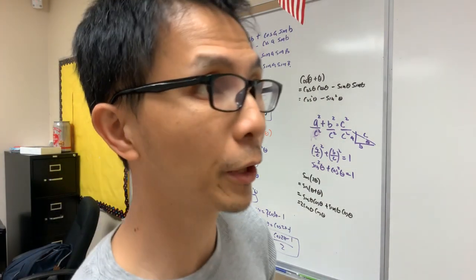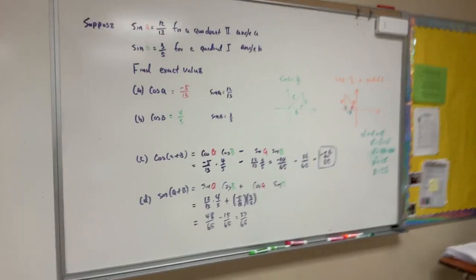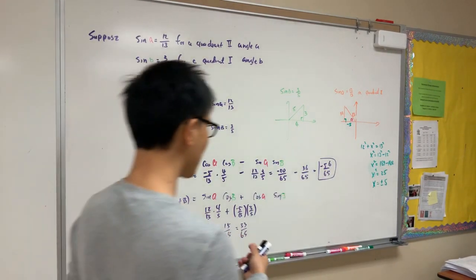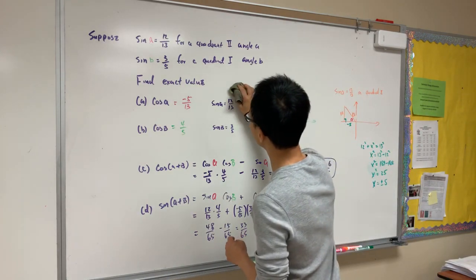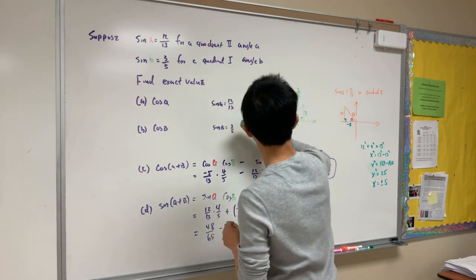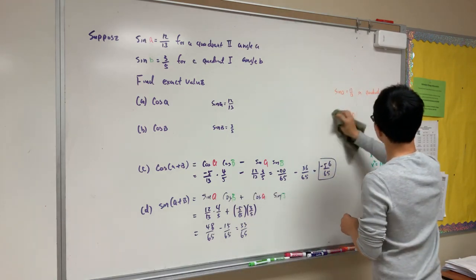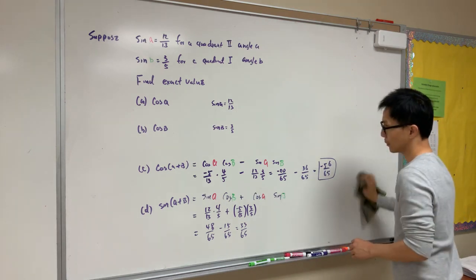Okay, now we're going to talk about these questions here. This is a sum and difference formula. And a nice thing is this, I actually color code this for the first time. So I'm going to start with the questions. This is the questions here. He's erasing the answers.